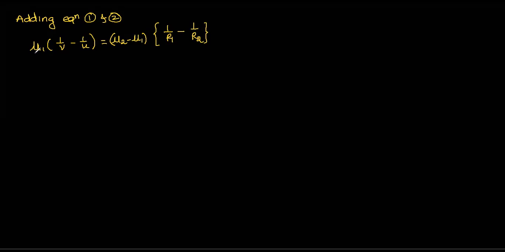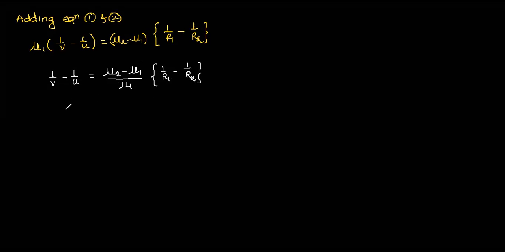After this, what I am going to bring, I am transferring this mu1 here. So this 1 by v minus 1 by u as it is. This mu1 I am transferring here, so it will go at denominator mu1, and this part is as it is, 1 by r1 minus 1 by r2. Okay.